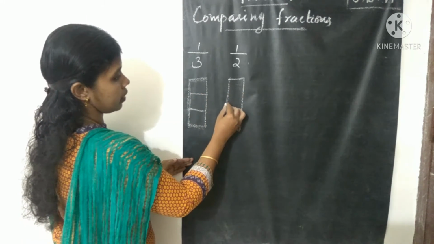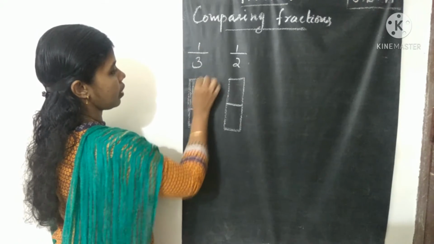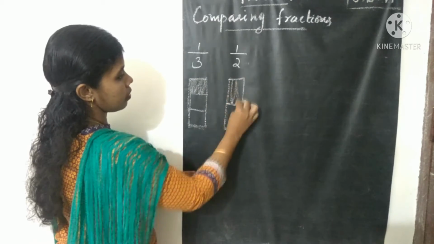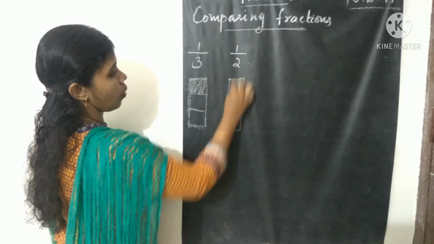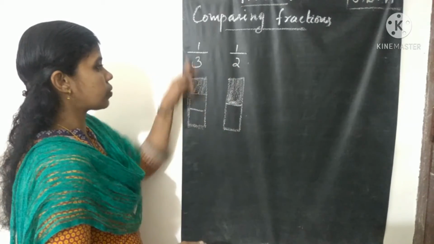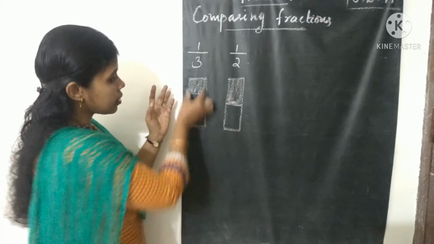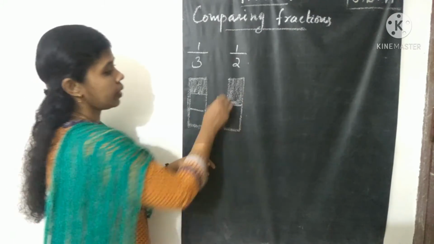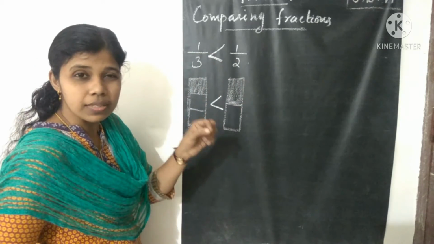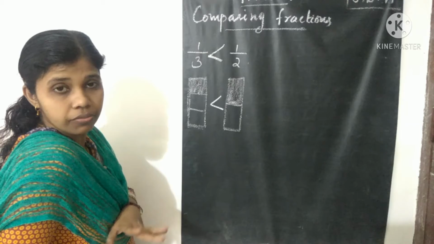This chocolate bar is divided into 2 equal parts. 1 by 3 means 1 part shaded. Here also 1 by 2 means 1 part shaded. Which part is bigger? This part is bigger. So between 1 by 3 and 1 by 2, 1 by 2 is the bigger fraction.